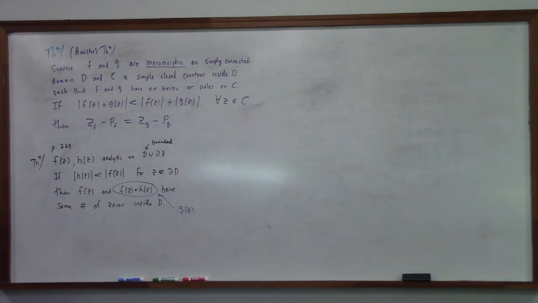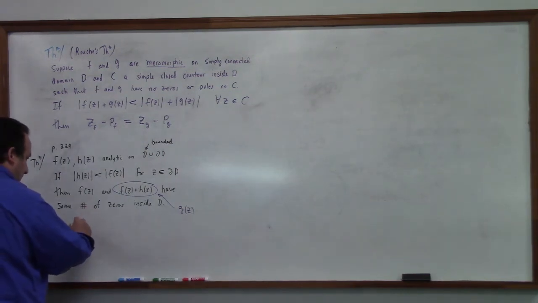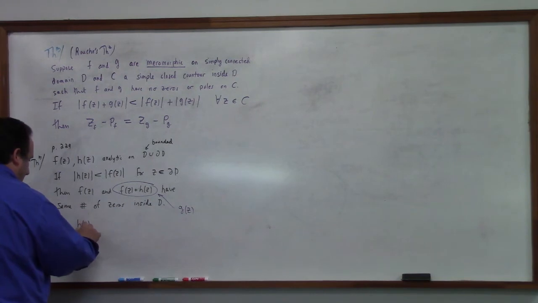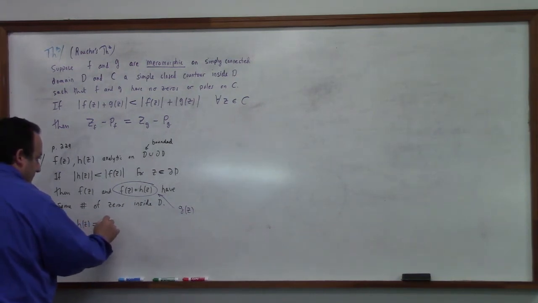There are no poles in the Gamelin version. If that's g of z, right? That means what? H of z is equal to what? G of z minus f of z, right?